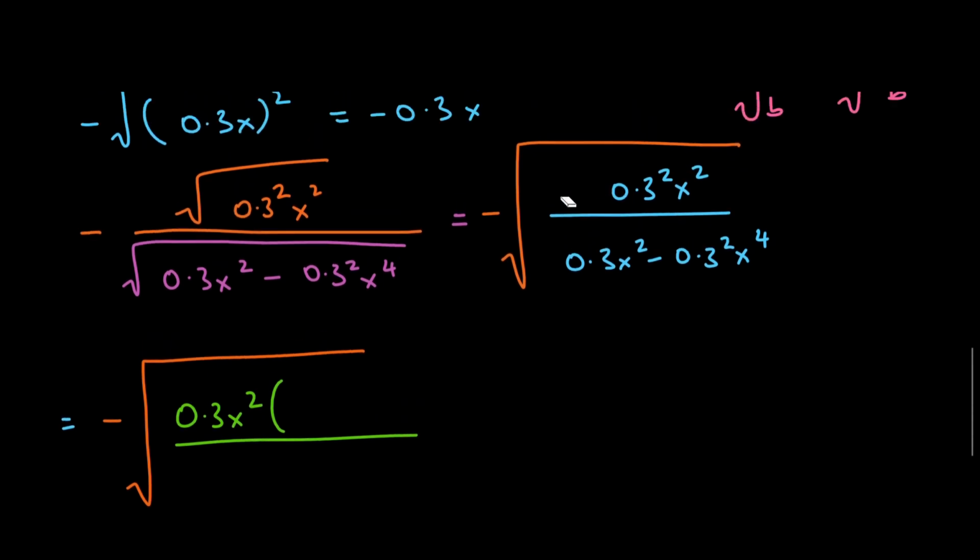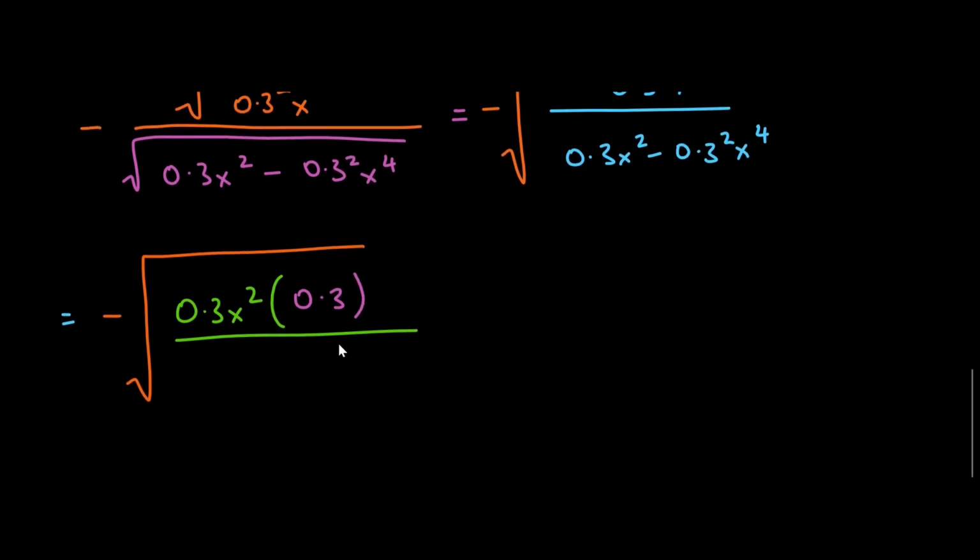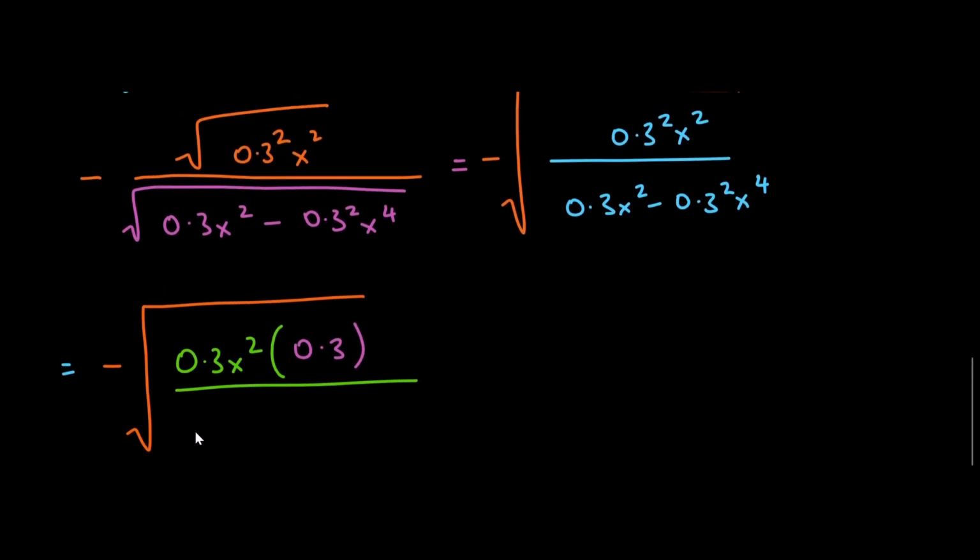My mistake. I'll write 0.3, or just 0.3. And the denominator, I'll remove 0.3 x squared again. And then I'll write 1 minus 0.3 x squared.